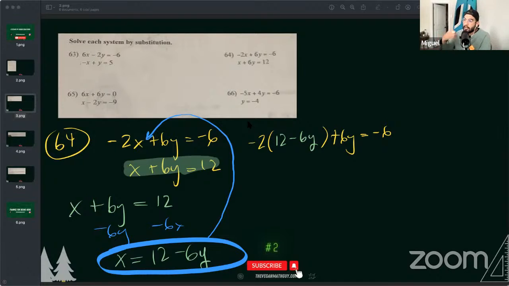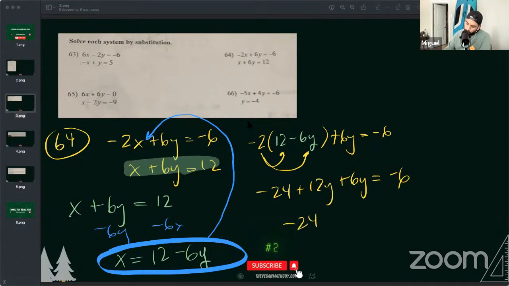I want to distribute the -2 into the parentheses, combine like terms, and then solve for y. So let's do -24 plus 12y plus 6y is equal to -6. That's -24 plus 18y is equal to -6.